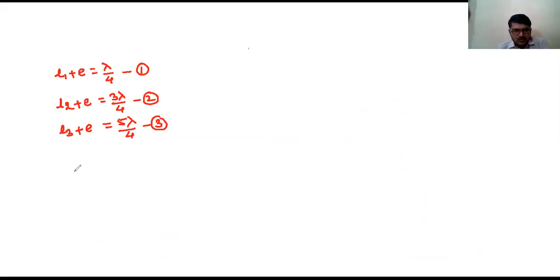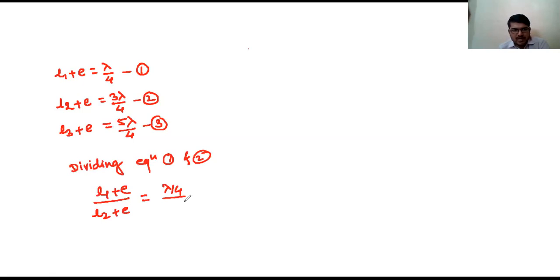Dividing equation 1 by 2, see what comes: L1 plus E by L2 plus E is equal to lambda by 4 by 3 lambda by 4. So 4 cancels, lambda also cancels.